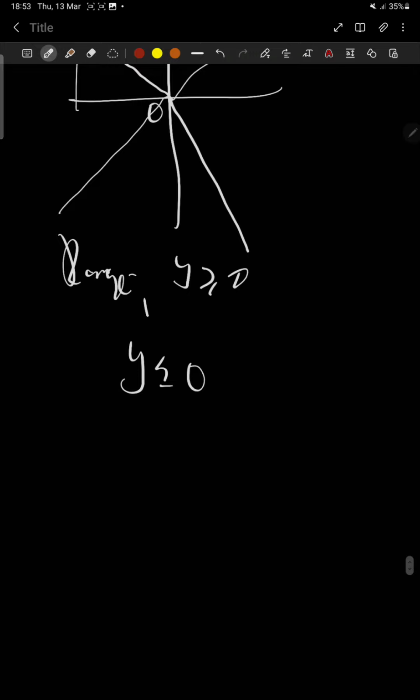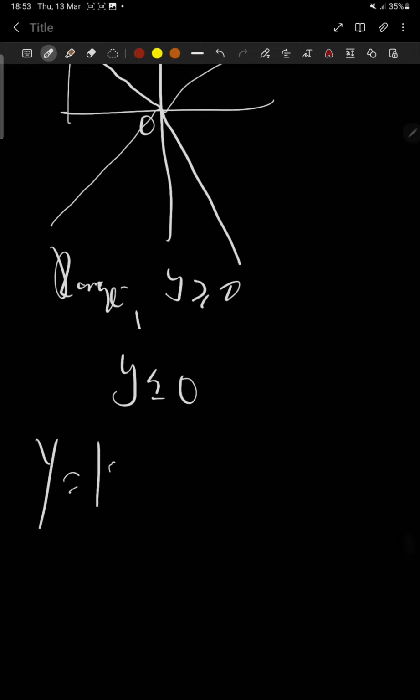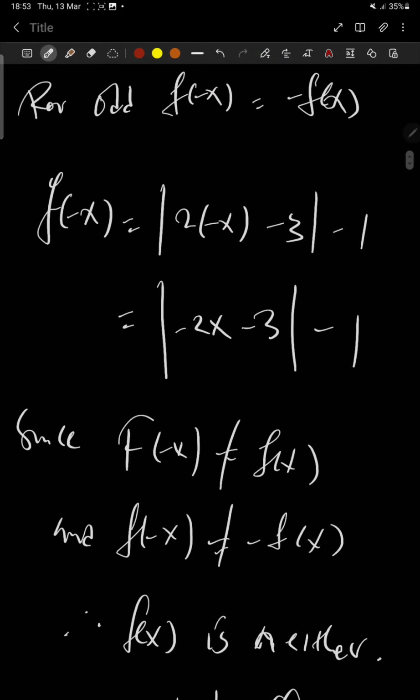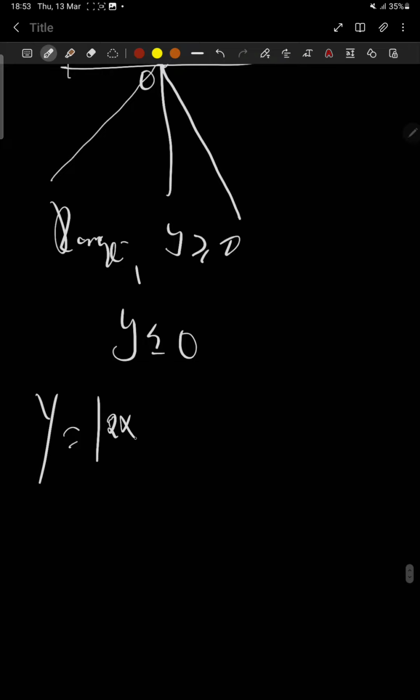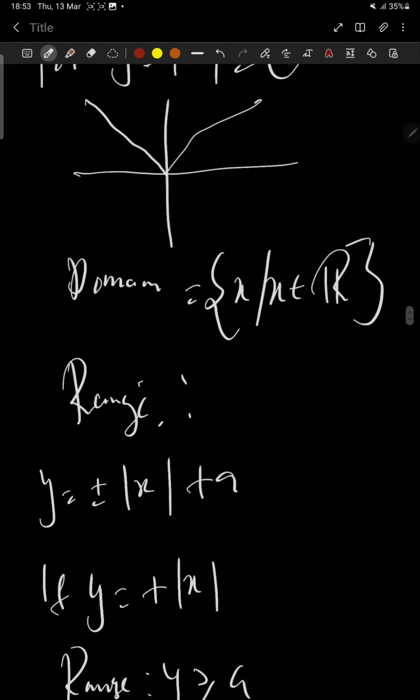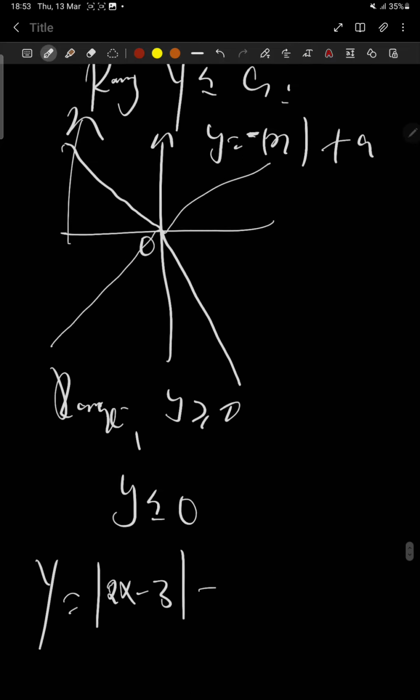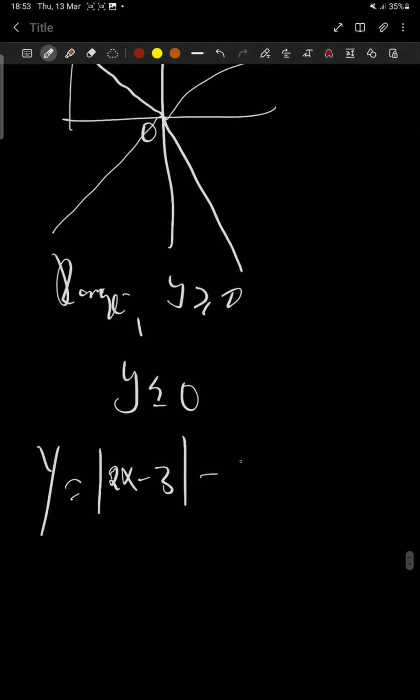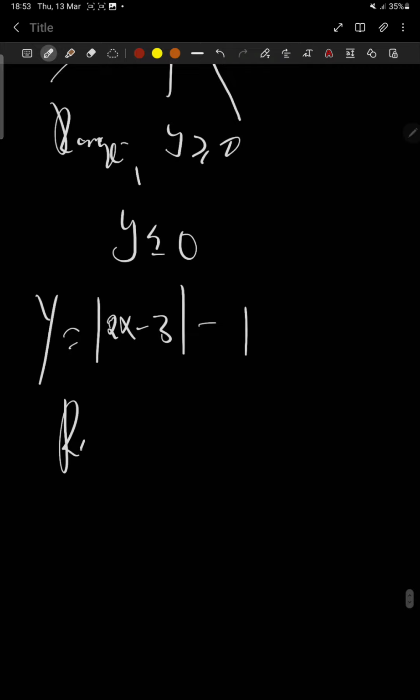So let's look at our question. Our question is saying y is equal to modulus of 2x minus 3, minus 1. So our range will be y.